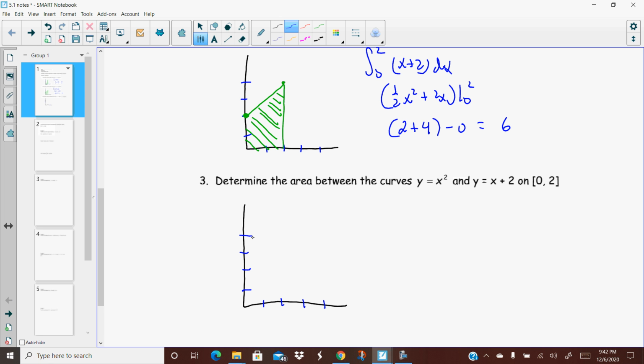The concept is if I take the area of the bigger region and I subtract the area, I'm going to do this in a different color here, of the smaller region, so the area of the bigger region is all of this, and if I subtract the area of the region underneath of the x squared curve, what that should leave us with is all of this space.